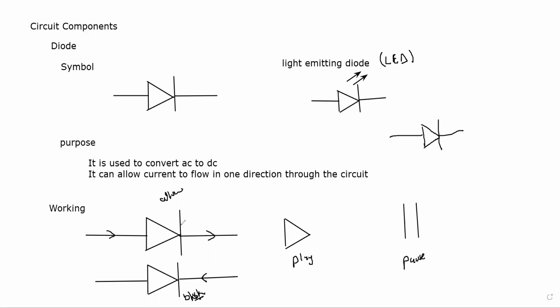So one way it allows the current to pass and the other way it does not. So when a diode is used in the circuit, the current can only pass in one way, and when the current can pass only in one direction, we call that DC, or direct current. Is it clear? The working of a diode?